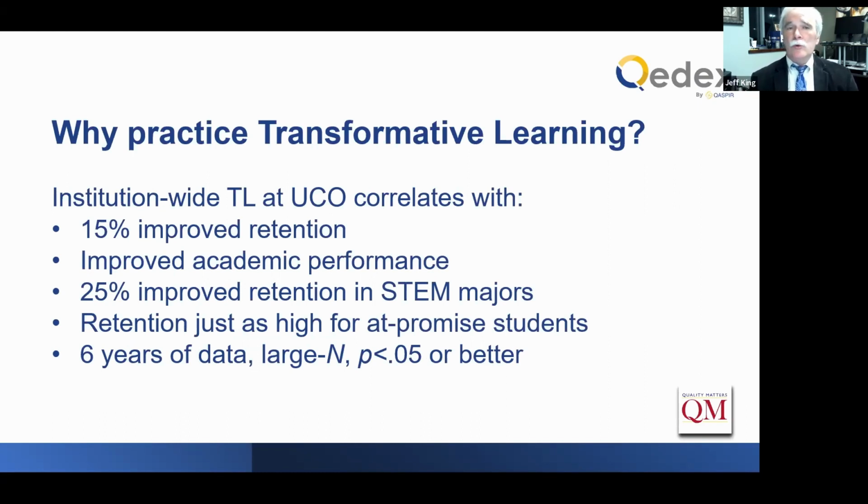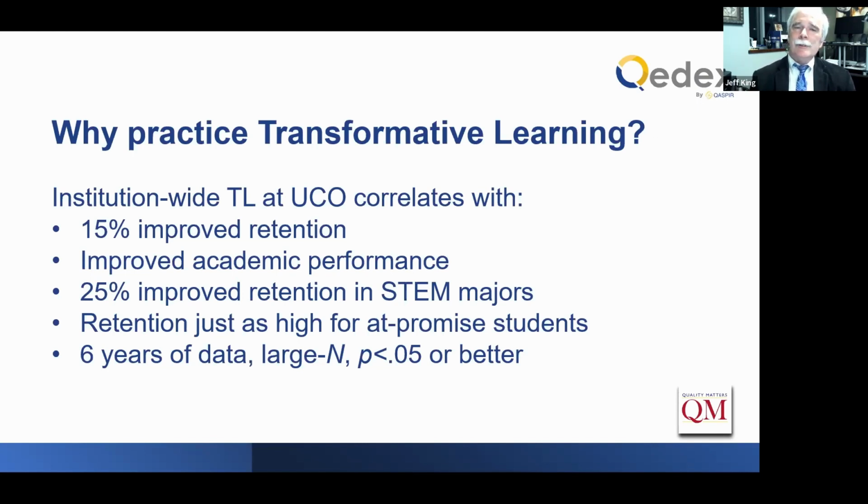You may wonder what are the reasons that institutions might want to do it. Some of those, as shown with data, are what we've experienced here at the University of Central Oklahoma. Students who engage with transformative learning have improved retention, improved academic performance, and incidentally, later on in a few minutes, I'll show some slides with some of these data and data analyses, specifically for STEM majors, science, technology, engineering, and mathematics.